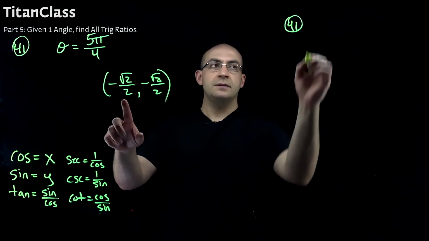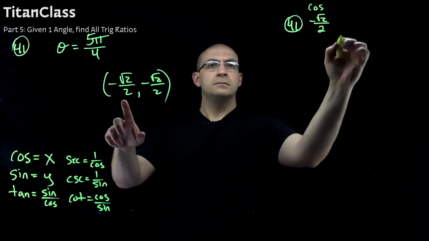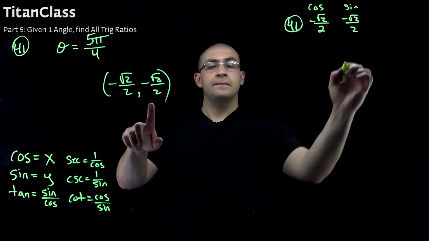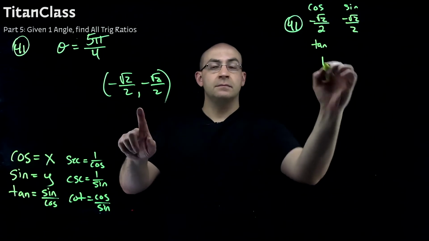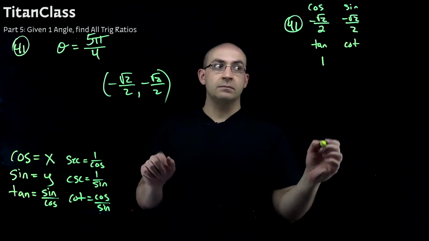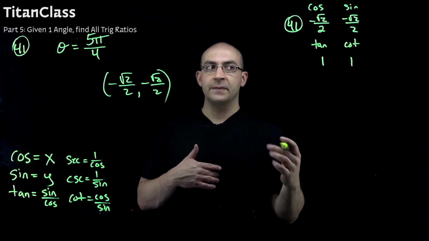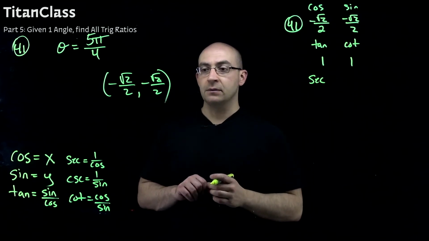Cosine is negative root 2 over 2. Sine is negative root 2 over 2. Tangent is 1, because I'm dividing. That means that cotangent is also 1, because tangent and cotangent are inverses of each other. Secant is 1 over cosine.